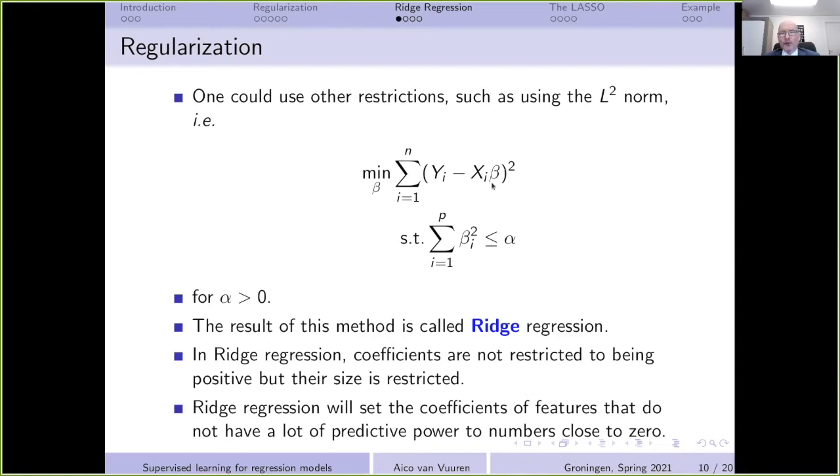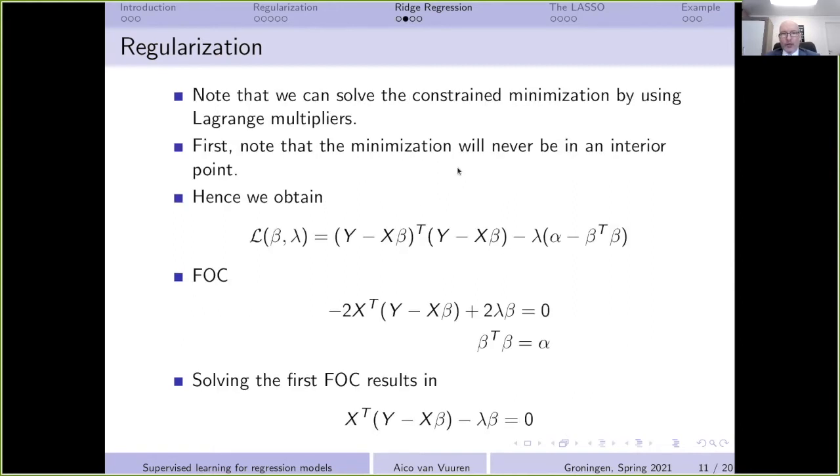Well, that's not that difficult. Then we get the 2 in front, and we get y_i minus x_i beta multiplied by minus x_i, of course. So in total, we get minus 2 times x_i multiplied by this thing that we have over here. In matrix notation, that's nothing else than this part that we have over here.